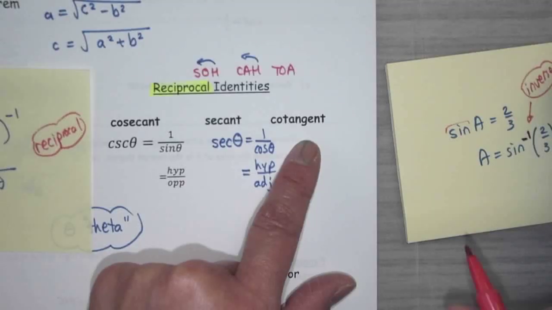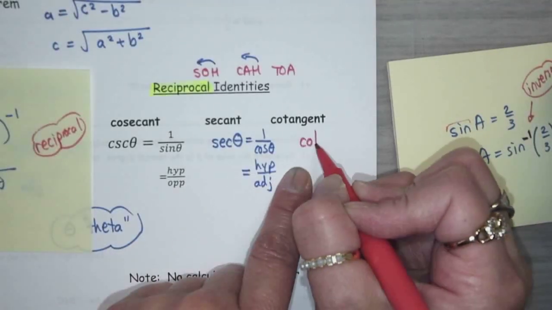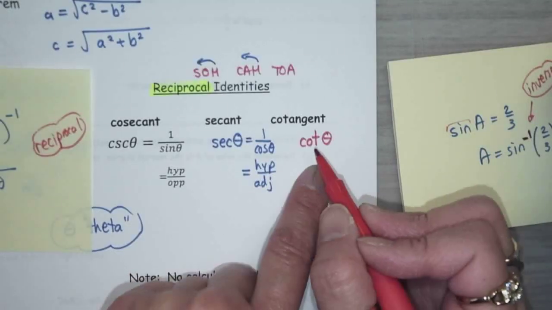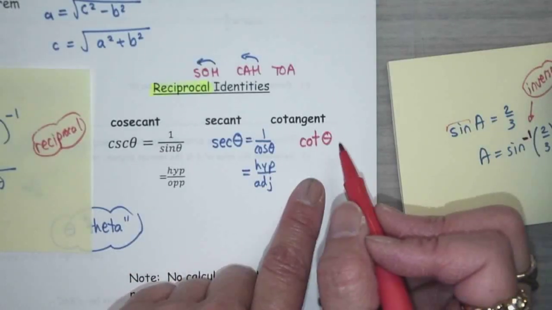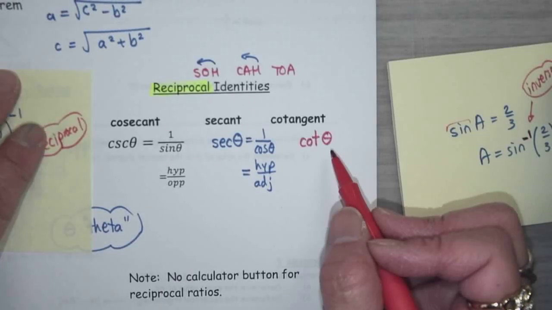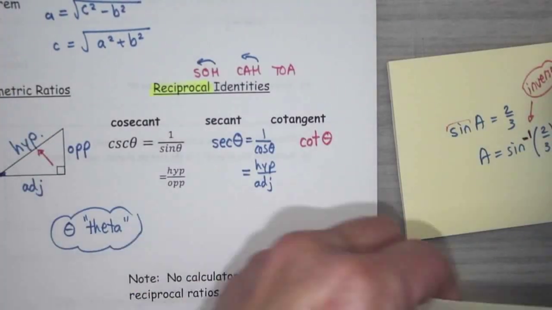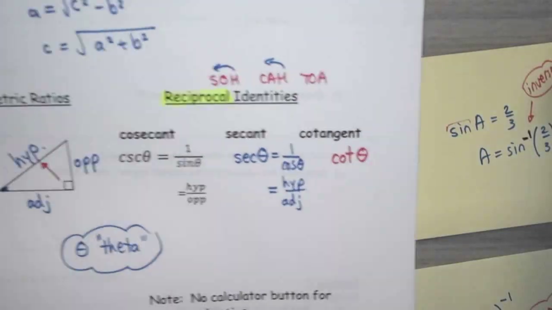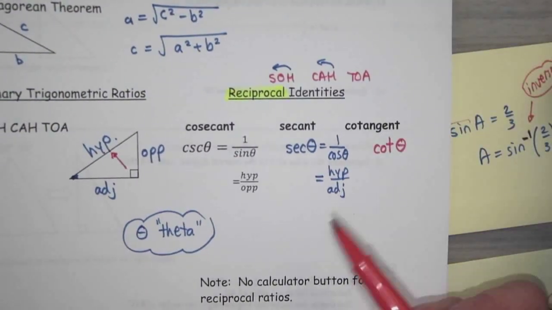Okay, so then cotangent, the short form for that is COT, and then that symbol here, the circle with the slash halfway horizontally, is theta. They use these Greek letters a lot. You'll see them start to use it, and it's to honor the Greek mathematicians who did a bunch of work on angles and trigonometry.